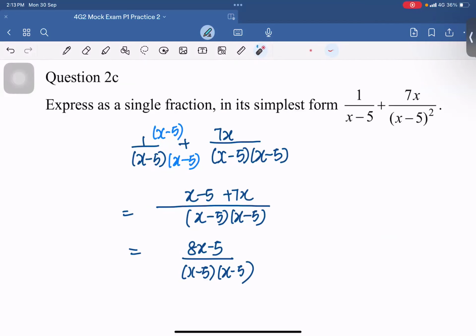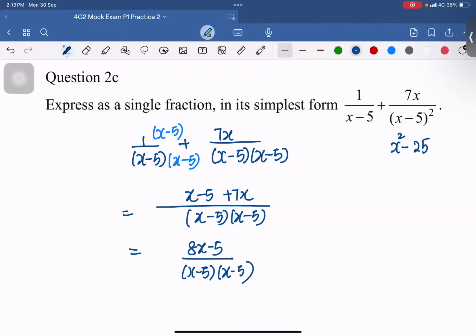Question 2C. Can you tell me what this means? Anyone? 5x minus 5. Correct. So we have x minus 5 two times. There is a difference between this and x squared minus 25.